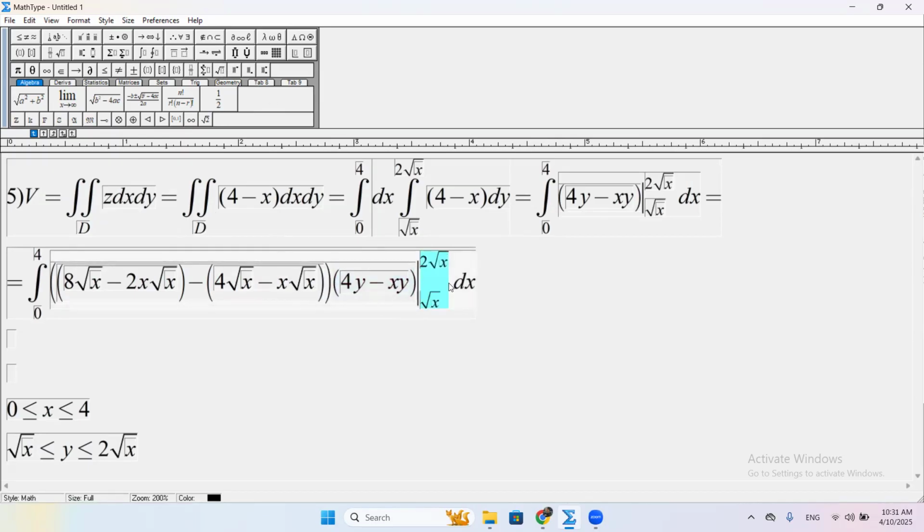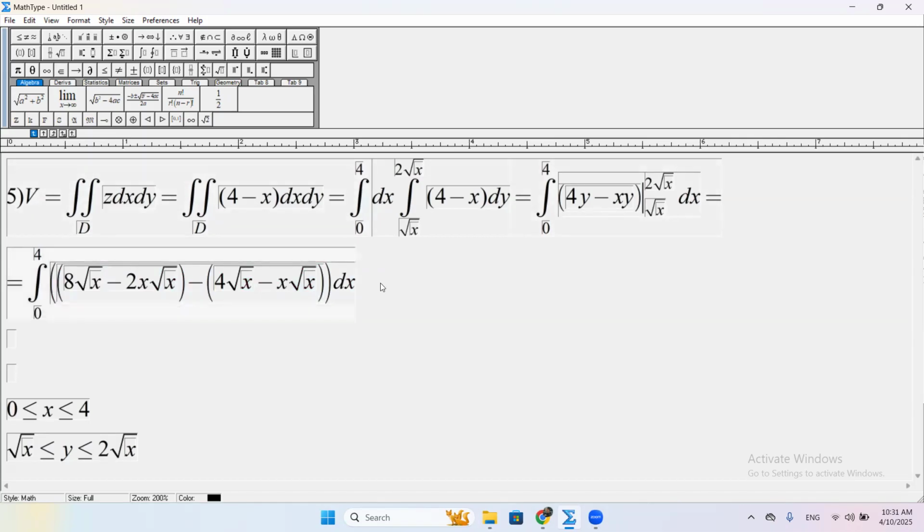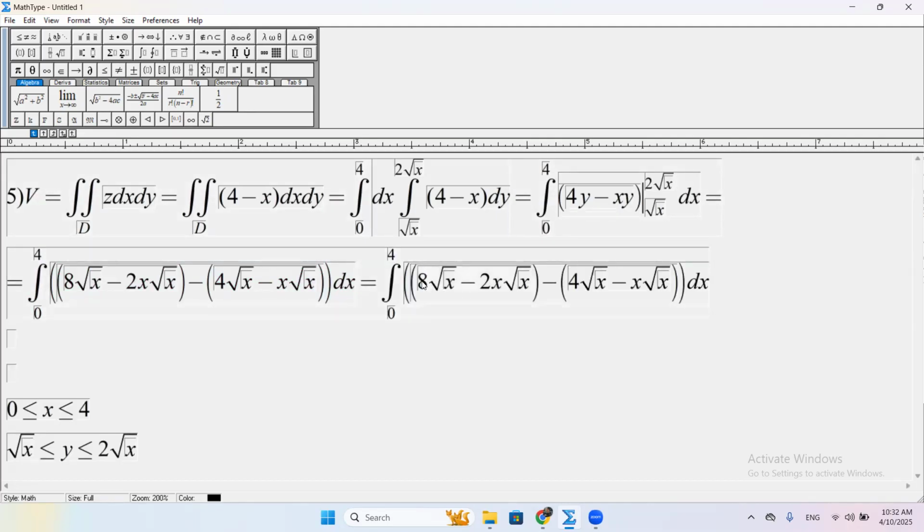So now let's simplify this expression. What will we receive? 4 square roots of x minus x square root of x, dx. So now we can integrate this expression.